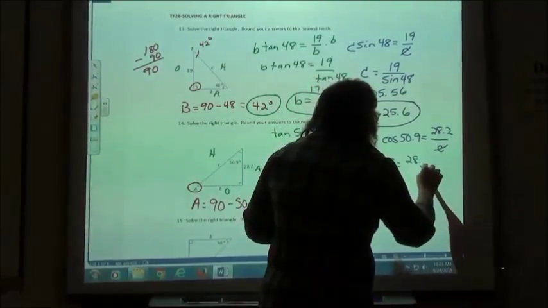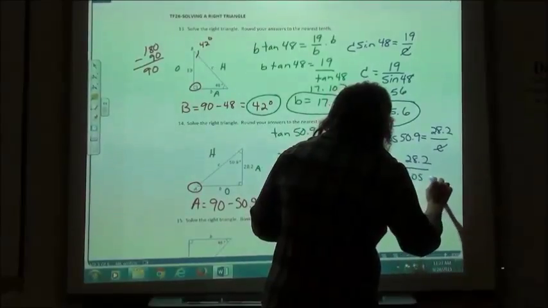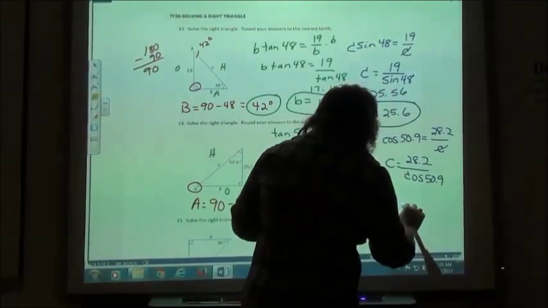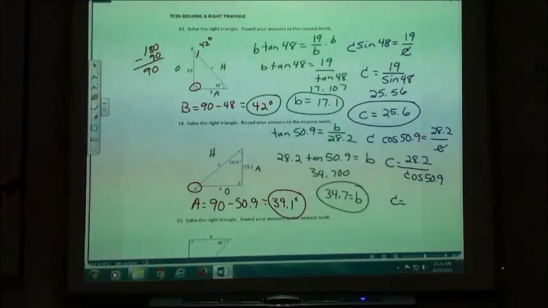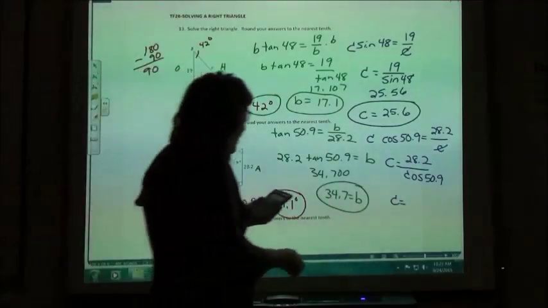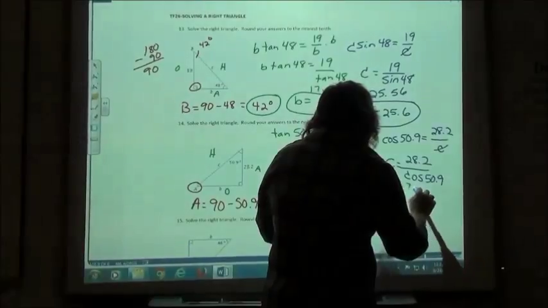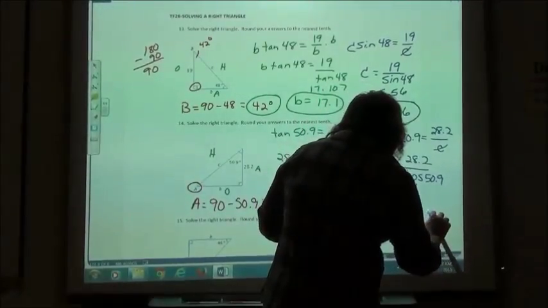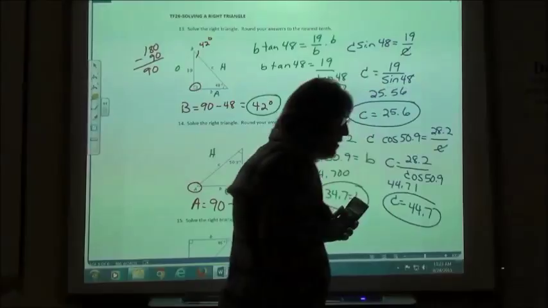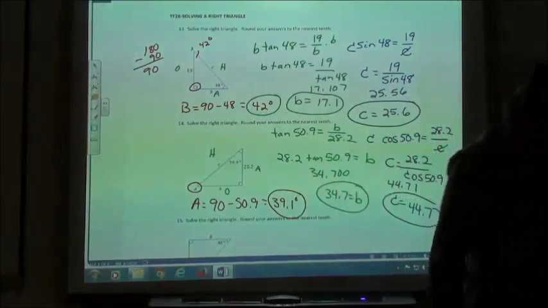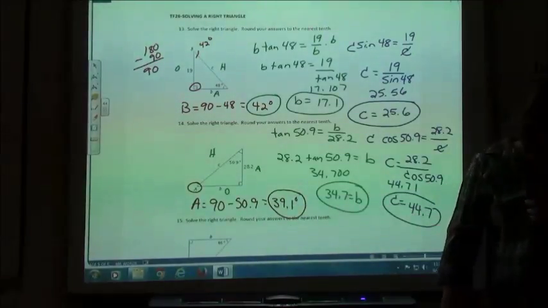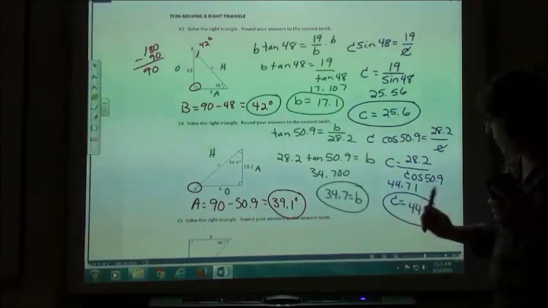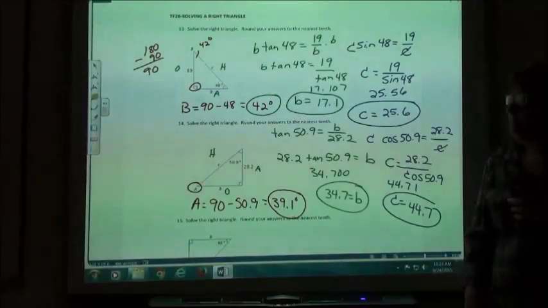And so 28.2 divided by the cosine of 50.9 is going to give us our answer. So 28.2 divided by the cosine of 50.9 gives me 44.71. So 44.7 then would be the length of side C. So 39.1 degrees was angle A, 34.7 was side B, and 44.7 is side C.